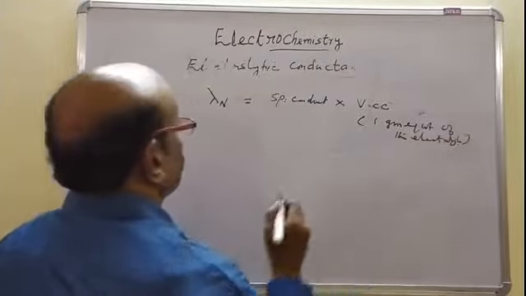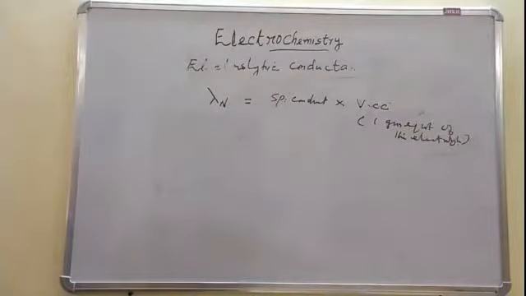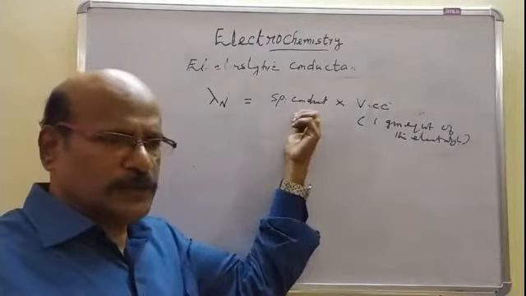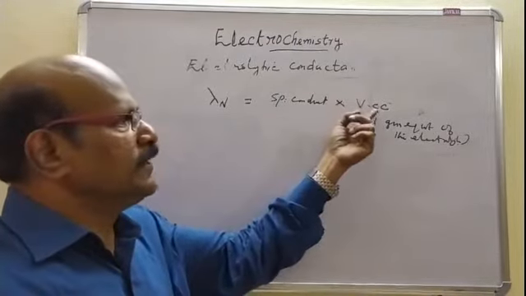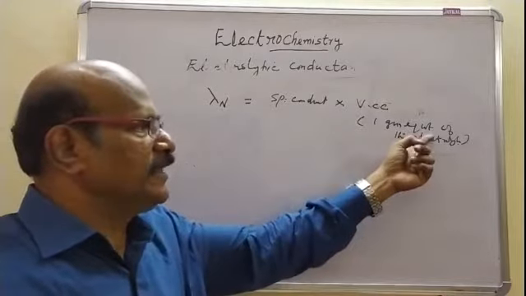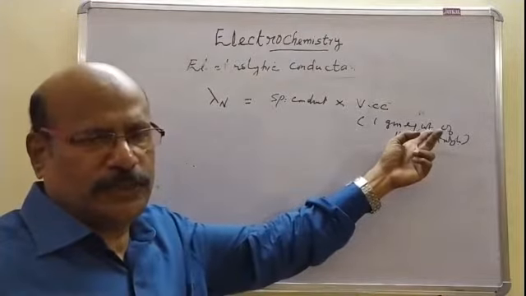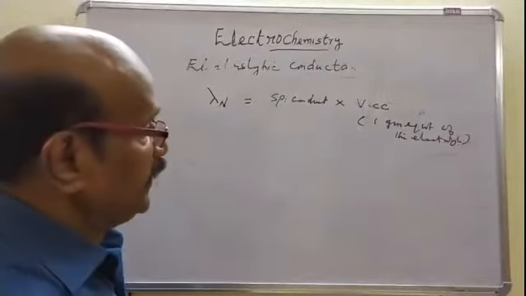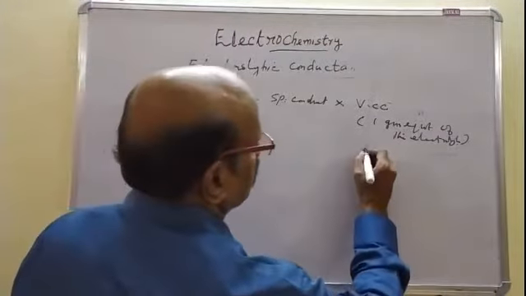That's the definition. So, equivalent conductivity of an electrolytic solution is defined as the product of specific conductance and the volume of the solution in cc containing 1 gram equivalent of the electrolyte. Suppose N is the normality of the solution.